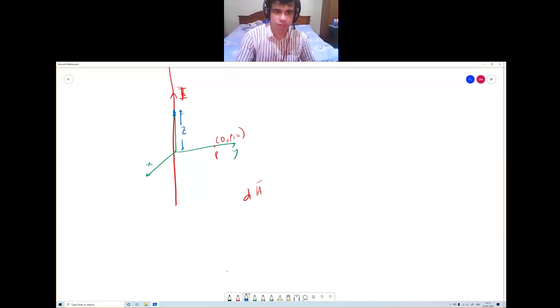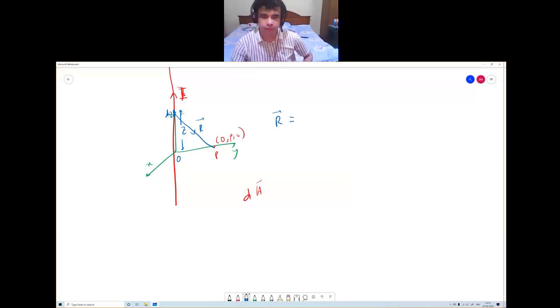A small element of length dz, and the distance of that small element from the origin is z. So this is this vector. What will be the r vector? What coordinate system should we be using?